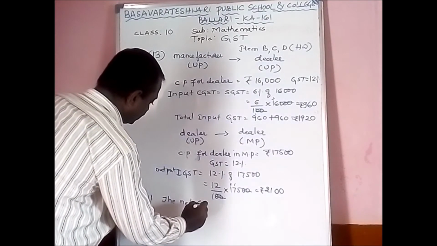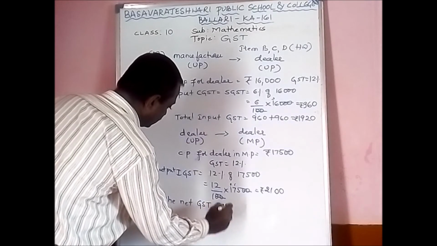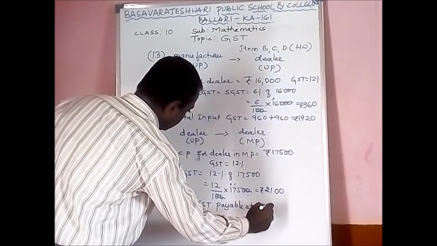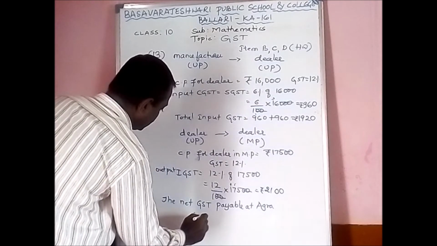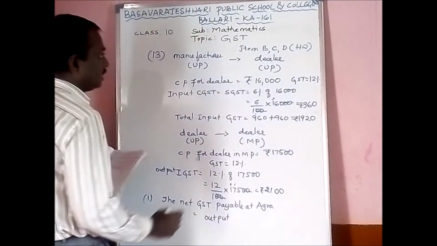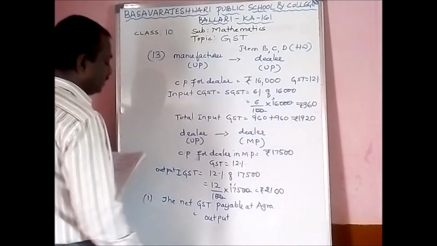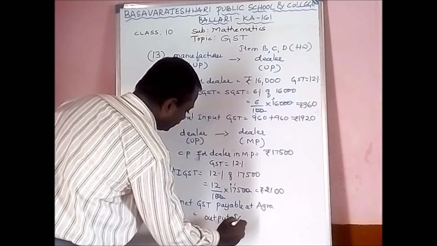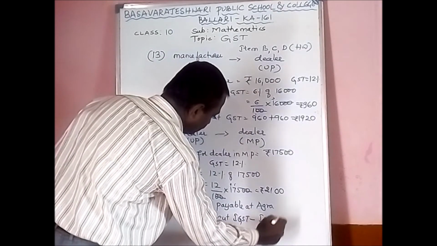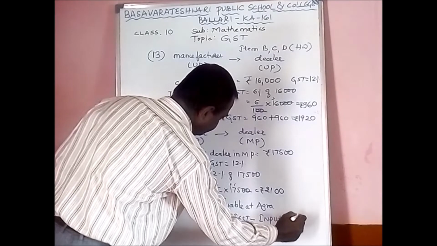The net GST payable at Agra is equal to output IGST, because the Agra dealer is the one doing the sale, minus input GST.